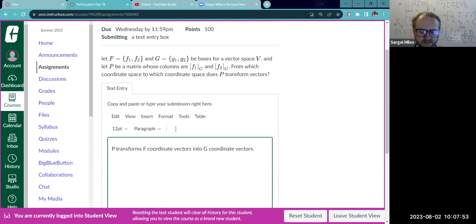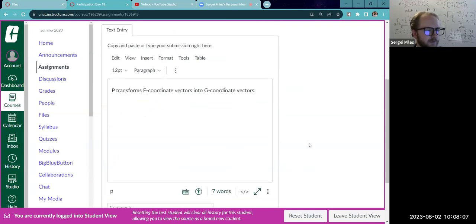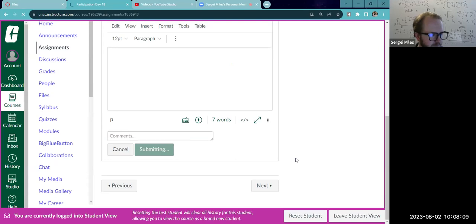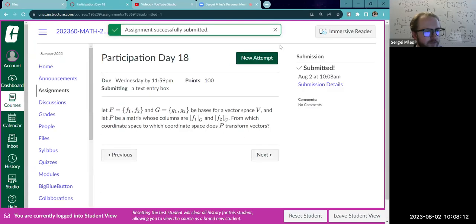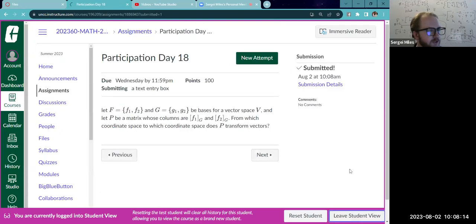If you want to get it fancy, you can add these hyphens here. It's not super important. But the idea here is that this is the matrix from F to G. This transforms F coordinate vectors into G coordinate vectors. Okay, great. Submit. And that's all for today's section 4.6.